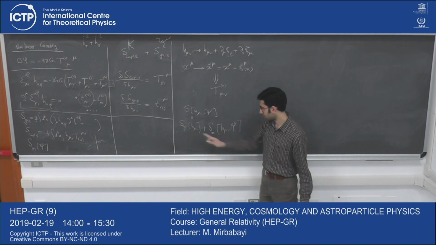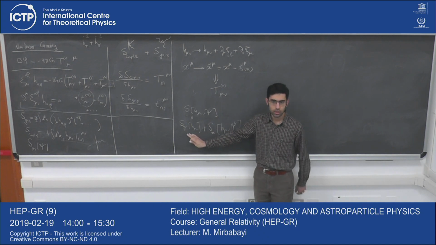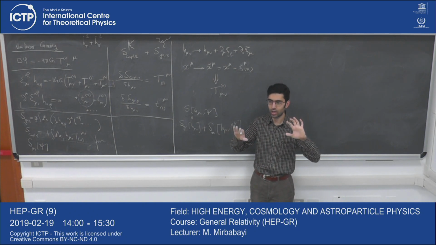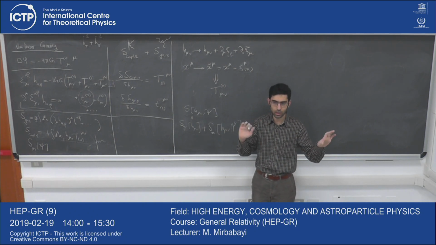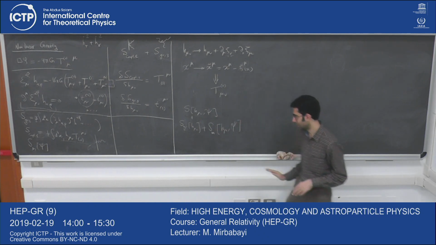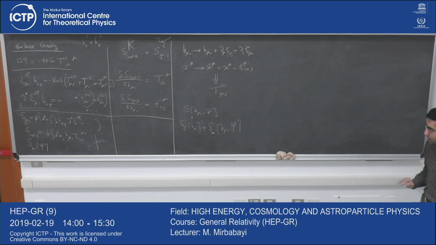So this decomposition is well defined. I can always separate the action into terms that do not contain matter fields at all and the ones that do contain matter fields. This is an unambiguous decomposition of the action.